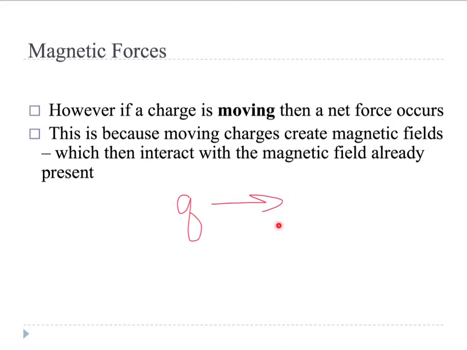So this charge moving here ends up with a magnetic field going around it. And when it does that, that magnetic field is going to interact with whatever magnetic field is already present, because like poles repel, unlike poles attract, and so we're going to get some sort of force and motion because of those magnetic fields interacting.